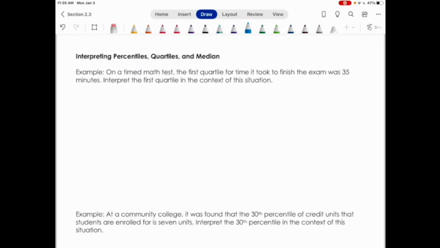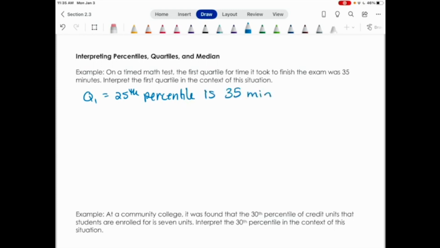So in the last two examples, we are going to interpret percentiles. The first example says, on a timed math test, the first quartile for the time it took to finish the exam was 35 minutes. We're going to interpret the first quartile in the context of this situation. So this is saying that Q1, which we know is the 25th percentile, is 35 minutes.